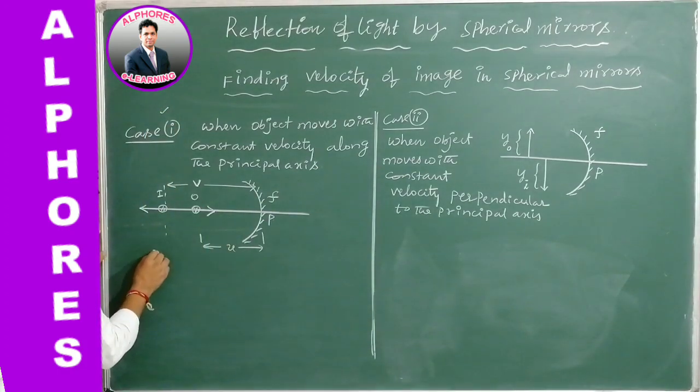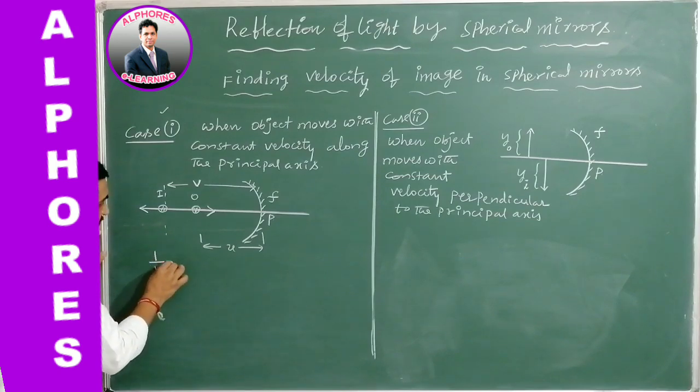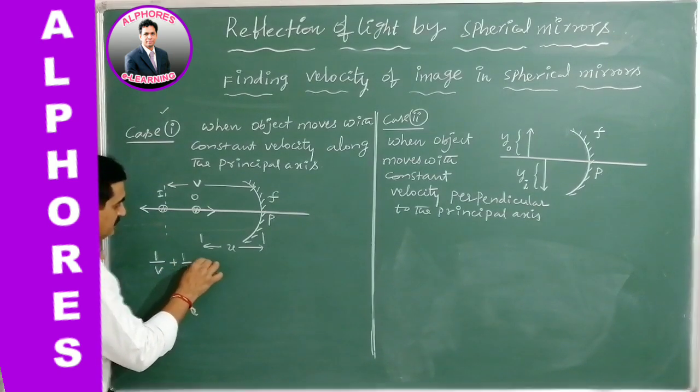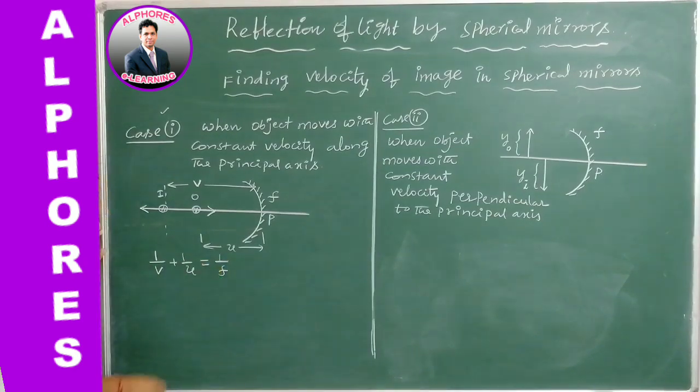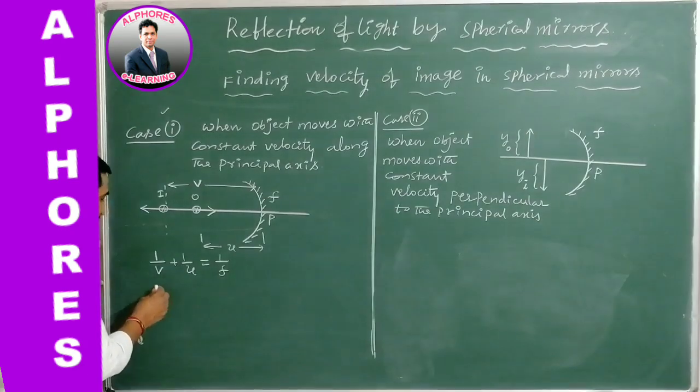So let us consider the mirror formula: 1 by v plus 1 by u is equal to 1 by f. Now differentiate this with respect to time.